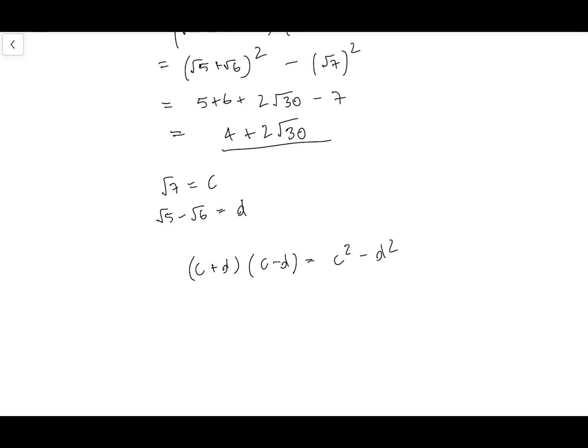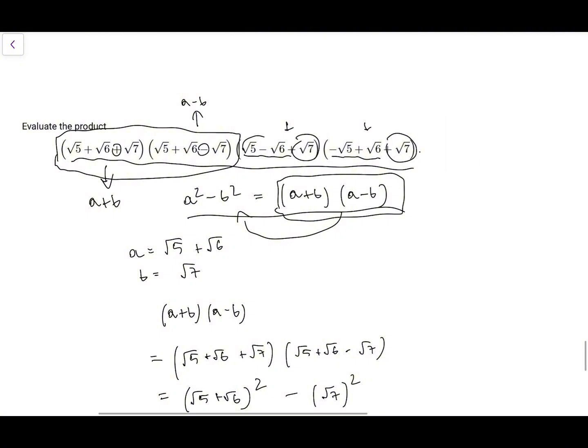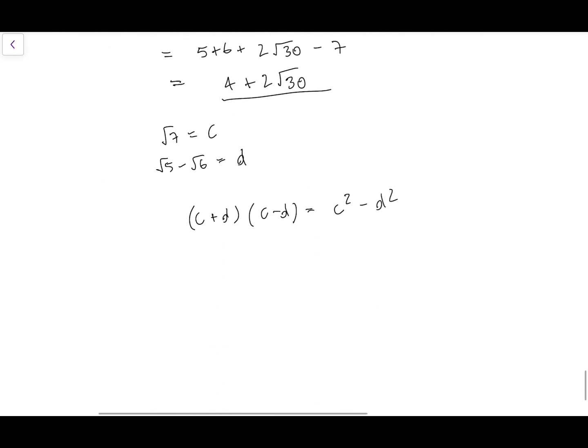And we can apply this formula since we know that d is going to be, in this case, square root of 5 minus square root of 6. So this is d. But in the fourth factor, it's going to be minus d, because we don't have square root of 5 again, but we have minus square root of 5, and we don't have square root of 6 again, but we have plus. So we don't have the minus anymore, but the plus sign. So we're going to use that.